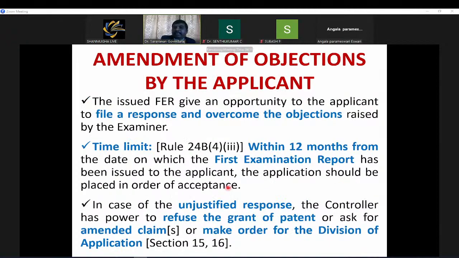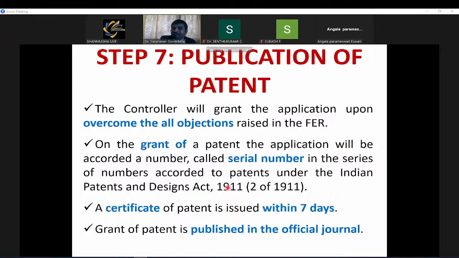Once it has been granted, can anybody object? Yes, there is also a post-grant opposition. And once it is granted, it will be published in the official journal of the Indian Patent Office, and a certificate will be issued within 7 days.